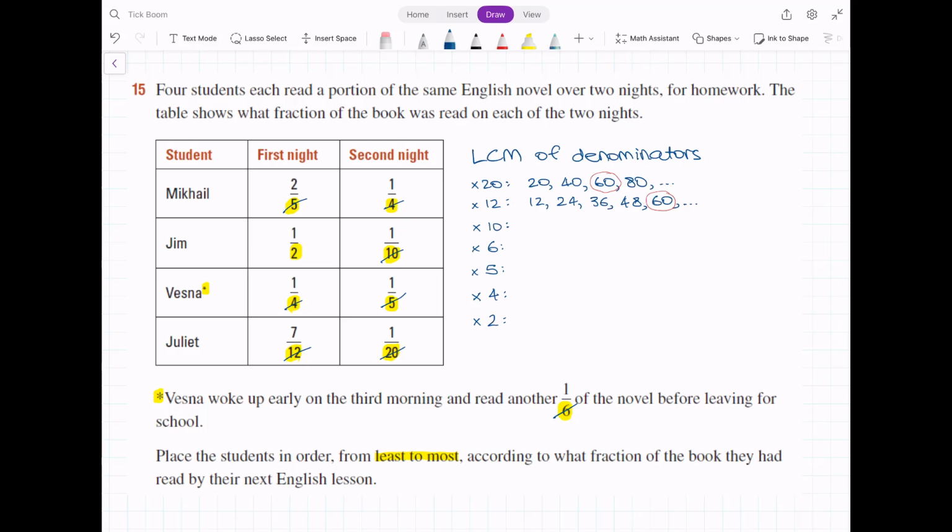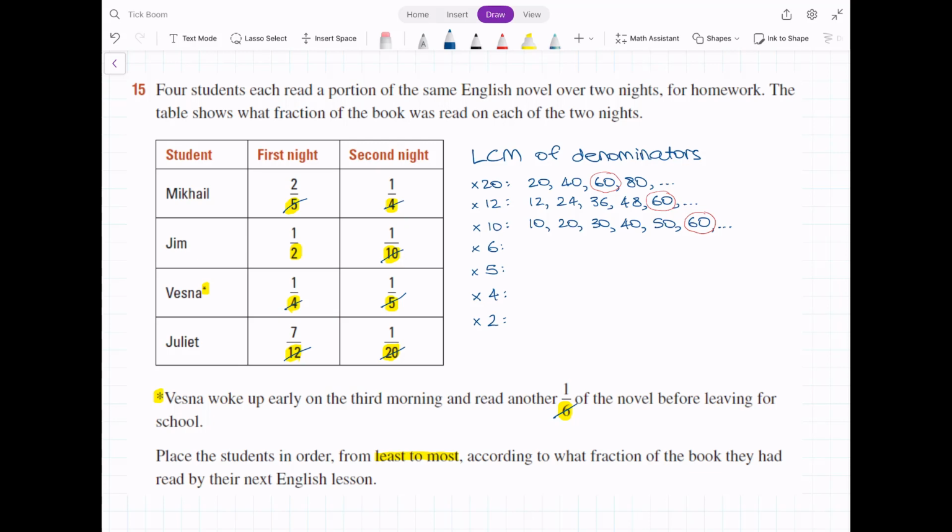So just for the sake of thoroughness, let's work through. For 10, the multiples of 10 are 10, 20, 30, 40, 50, and 60. So there we have our 60. So we know the lowest common multiple still stands at 60.